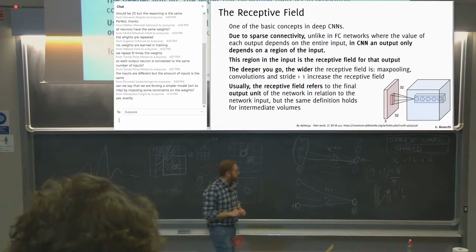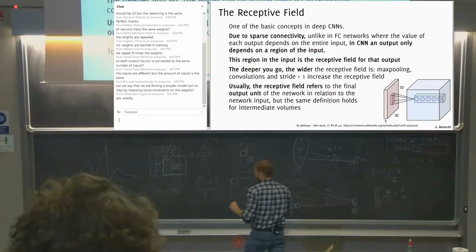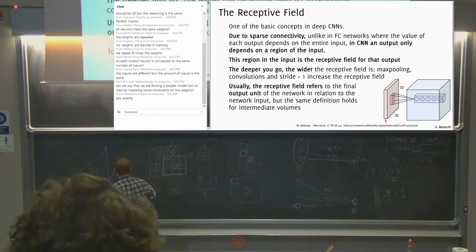Sure. Take a fully connected feed-forward neural network, like 5 and 5. Now, fully connected, this one is W1, W5.